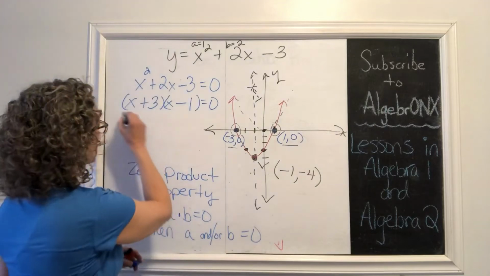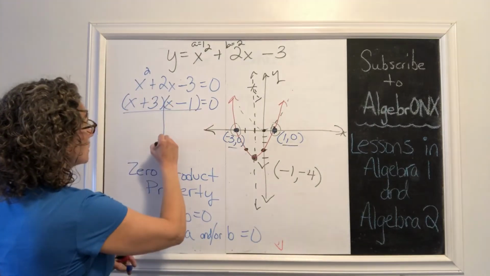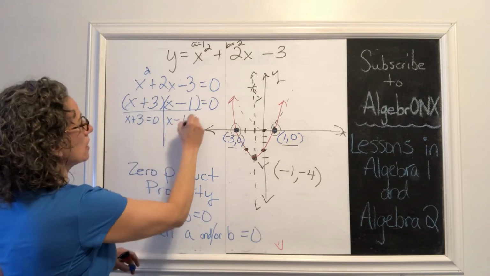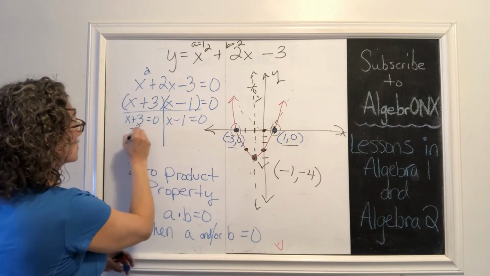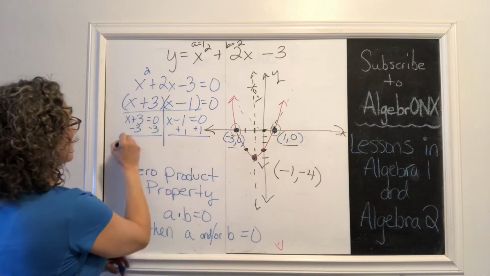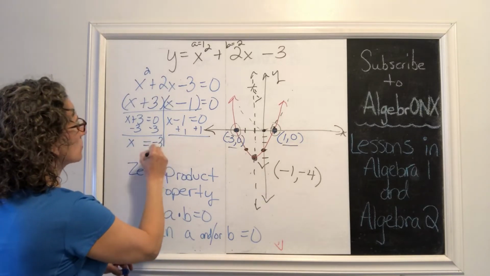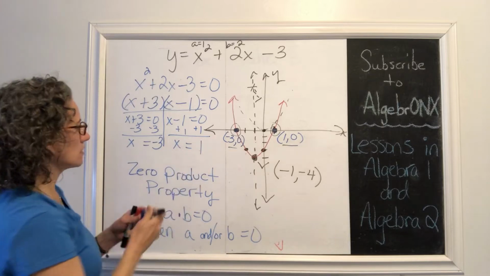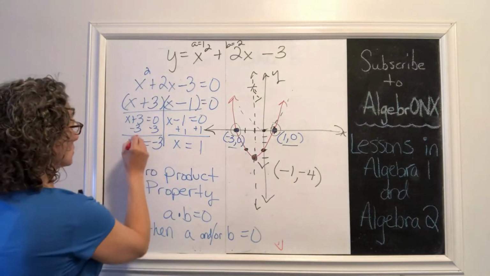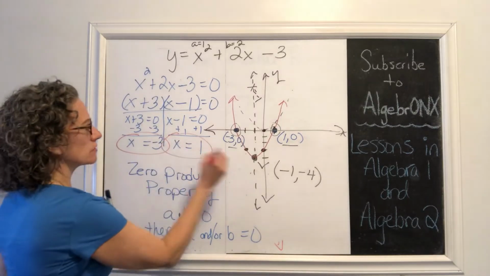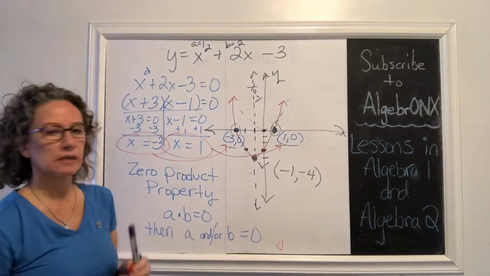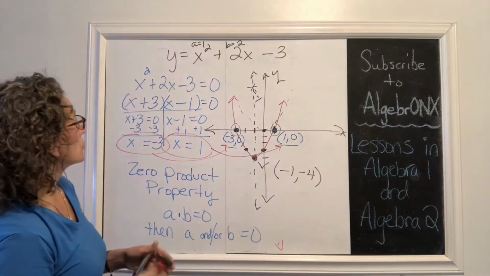So you set each of those factors equal to 0, and you solve for x. So subtract 3 from both sides, add 1 to both sides. x equals negative 3 and x equals positive 1, which is confirmed by looking at the graph and seeing those points in their places, respectively.